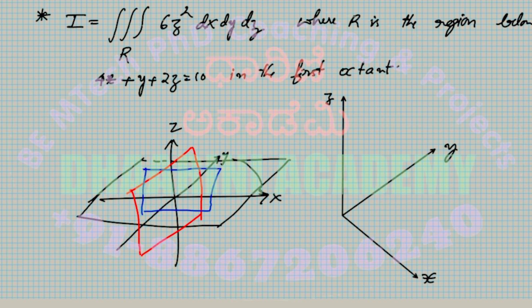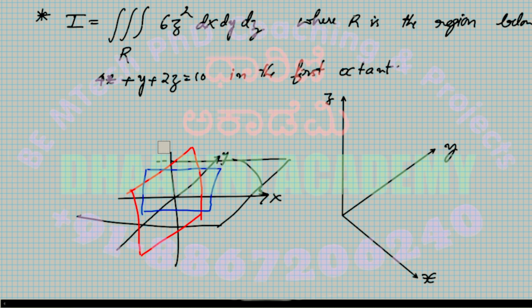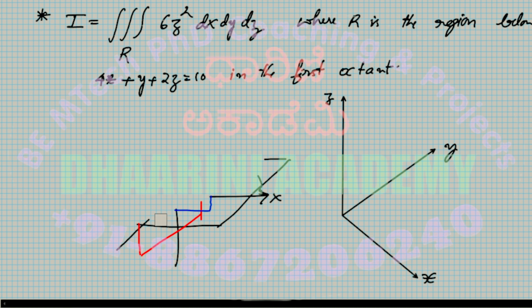The convention is that you can take the second octant as X, Y positive, Z negative, but somebody might say, no, I will take X as negative, Y, Z positive. So just to avoid that, it's a convention. Most of the questions will be either all positive or all negative.